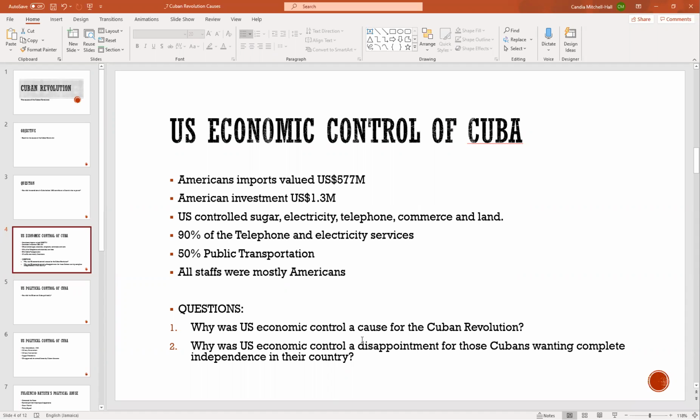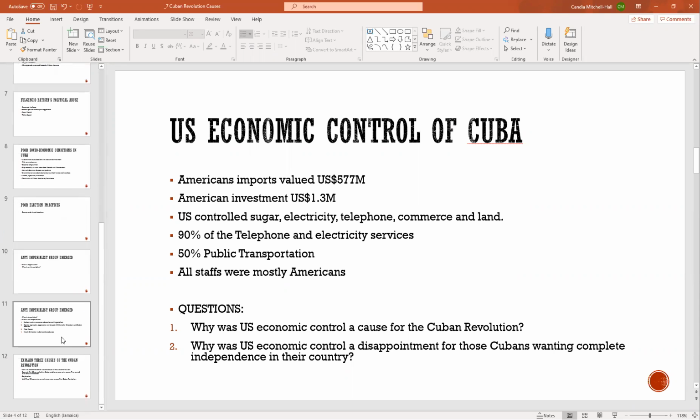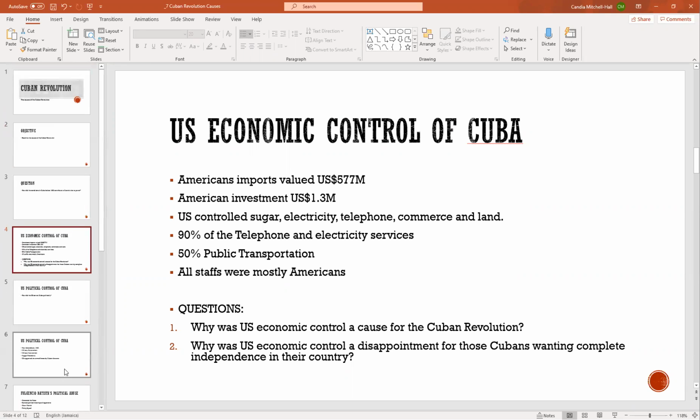Sir, piggybacking off what Kiana said, I'd feel confused because it's my country, and why are the people who are in charge of making sure that I am able to traverse my country people who don't live in my country? I'd be concerned about my safety. I'd be concerned about the fact that the people who are being employed are not people from Cuba.